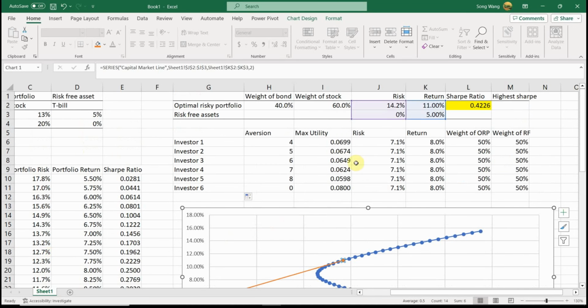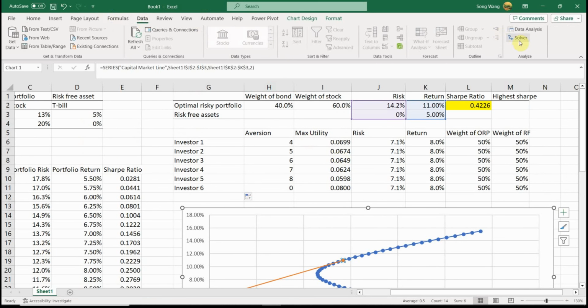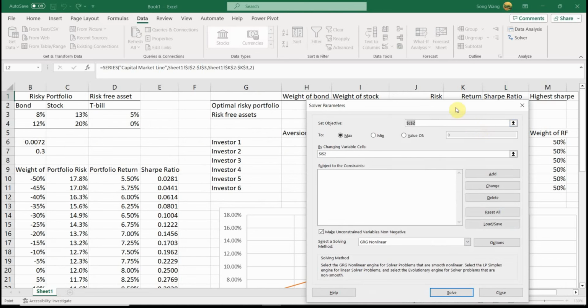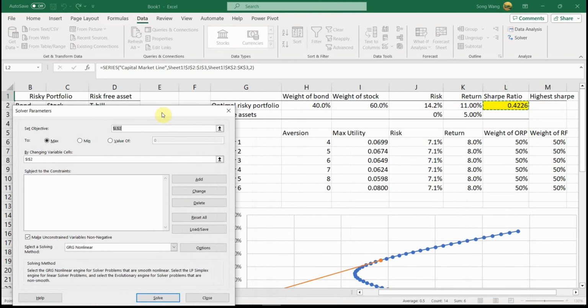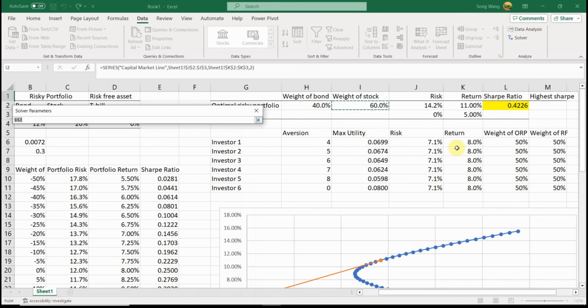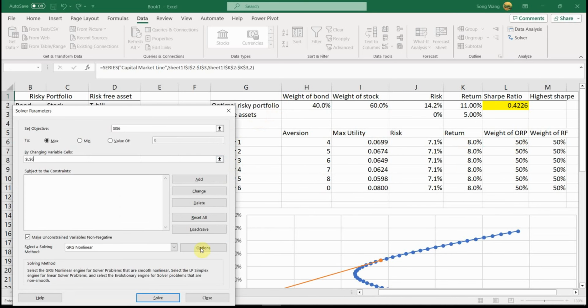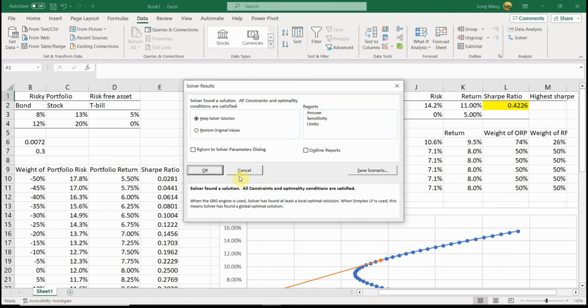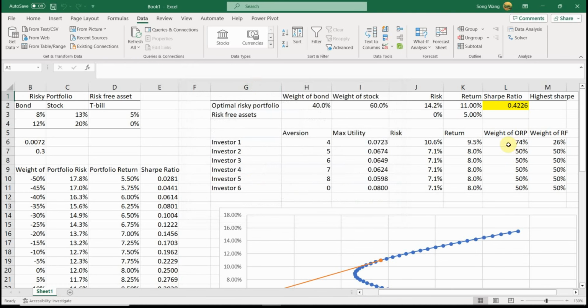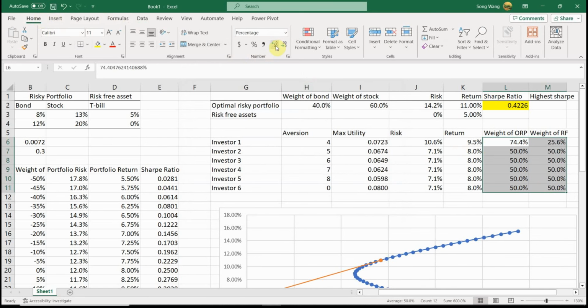Okay, and let's see. We are going to perform Solver, Data, Solver, and the first one is to maximize the first investor's utility by changing the weights. Hit solve. All right, now you can see it generate the result as 74.4% and 25.6%.